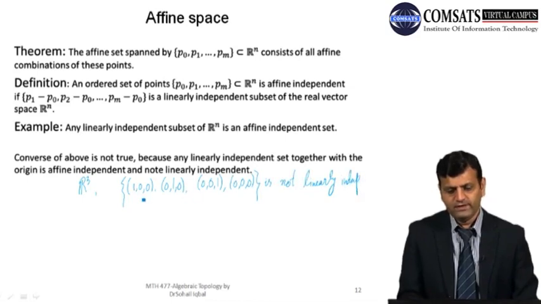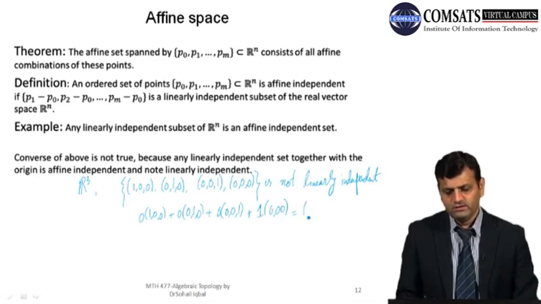We are taking these 4 vectors of the vector space R3 and we are saying that they are not linearly independent. Of course they are not, because we can choose 0 1 0 0 plus 0 0 1 0 plus 0 0 0 1 plus, let's say, any number times 0 0 0, and the answer is still 0 0 0.